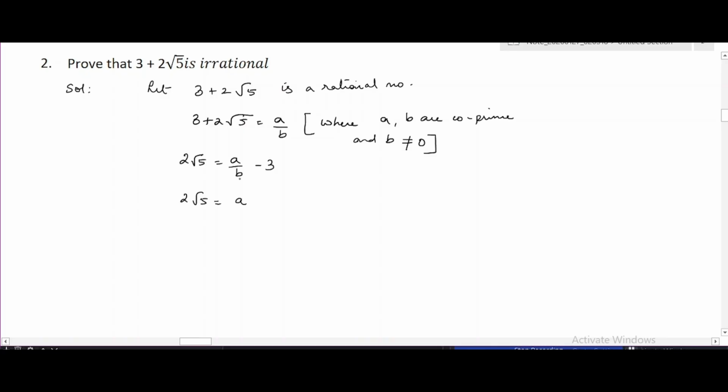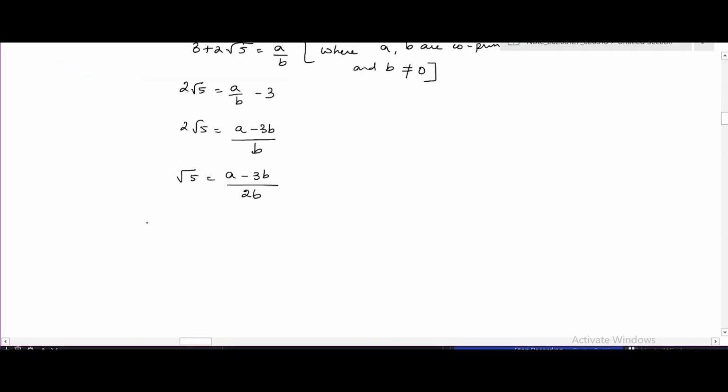I'll take the LCM, a minus 3b by b. Now I will take 2 also to the other side. So root 5 is equal to a minus 3b by 2b. Okay, now let root 5 be a rational number.